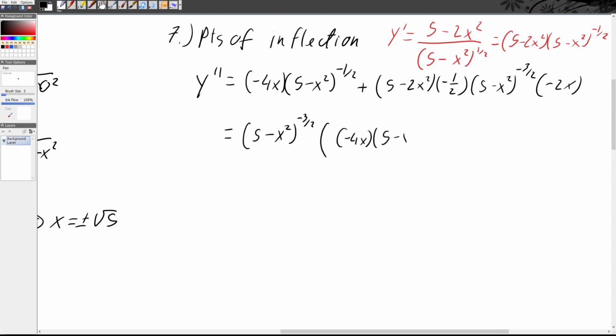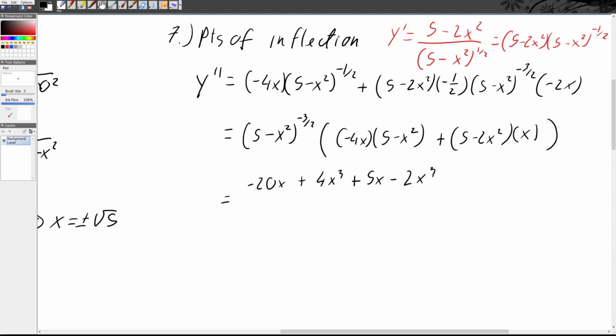What is left is going to be 5 minus x squared plus 5 minus 2x squared and negative 2 over 2 just x, and then maybe some simplification of the top, minus 20x plus 4x cubed plus 5x minus 2x cubed on top, all over 5 minus x squared to the 3/2 on the bottom.